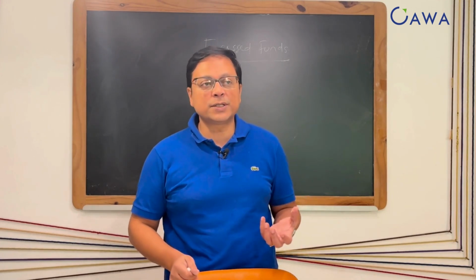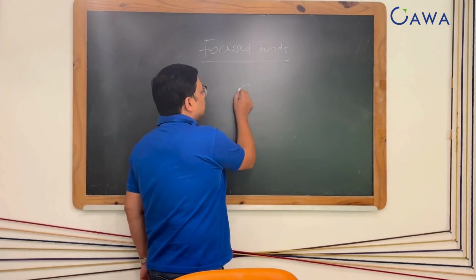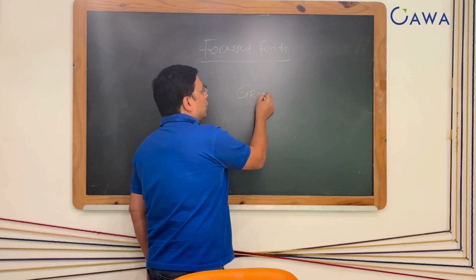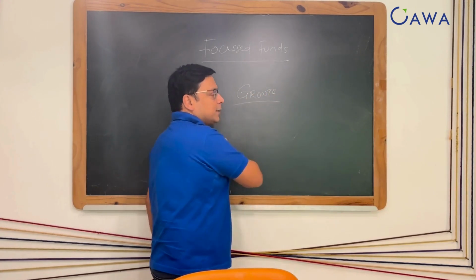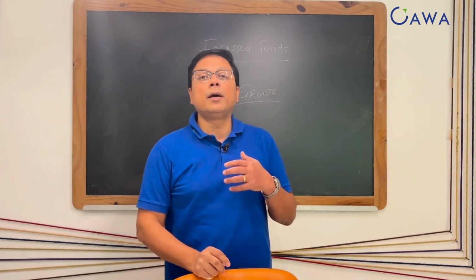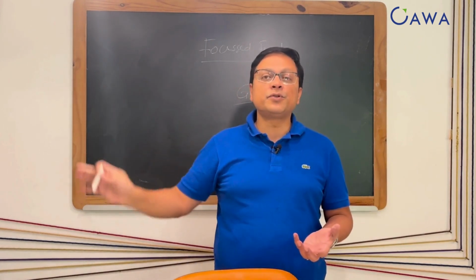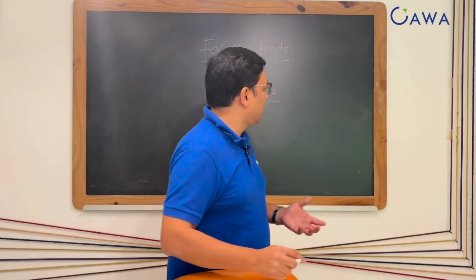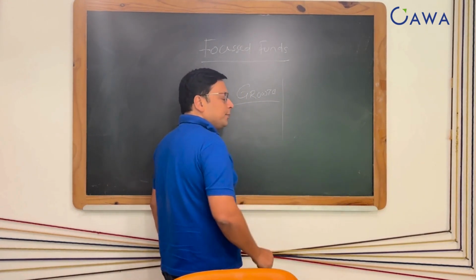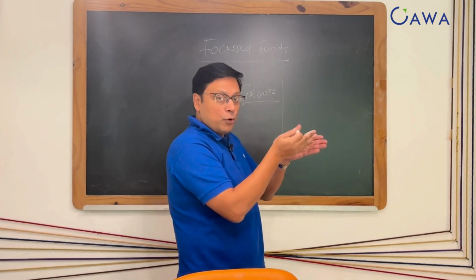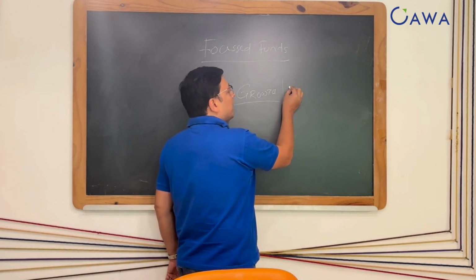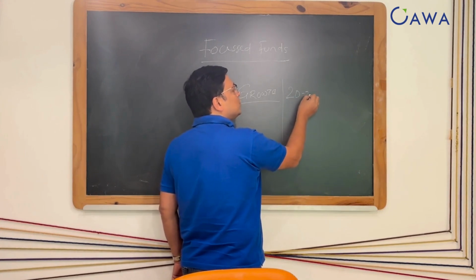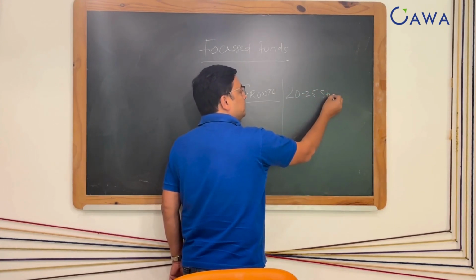Why are they in focus? They are in focus because of their growth opportunity. The stock prices are doing marvelously well relative to others in the system. In general, a focus fund, since it is focused, has pretty high concentration. So they generally hold like 20-25 stocks.